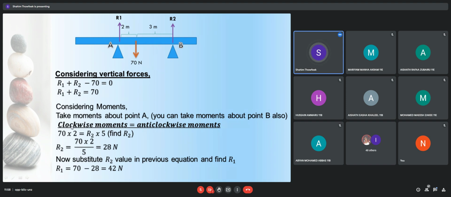The perpendicular distance is 2. 70 times 2 equals, what are the anticlockwise moments? R2 is making anticlockwise moments about point A, so R2 times the perpendicular distance, which is 5 meters. Now you can find R2 here. Rearrange the equation and find R2. It is 28 newtons. Then substitute the R2 value in the previous equation and find R1: 42 newtons.